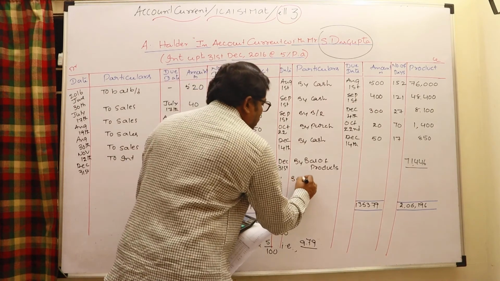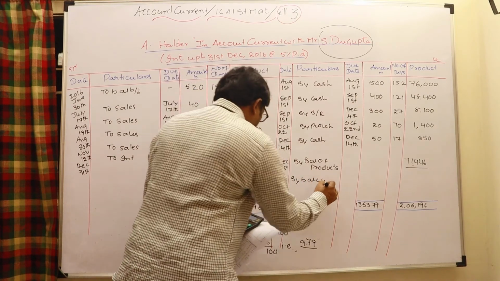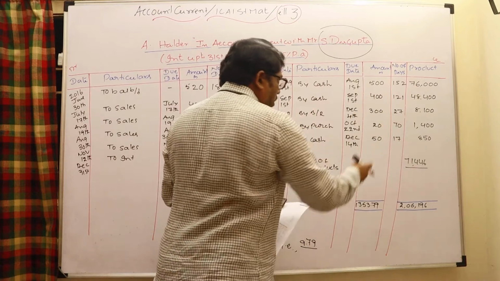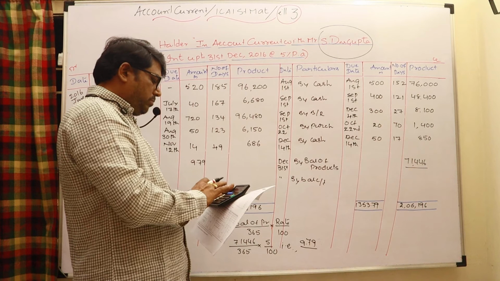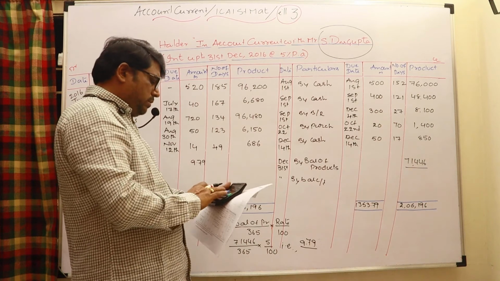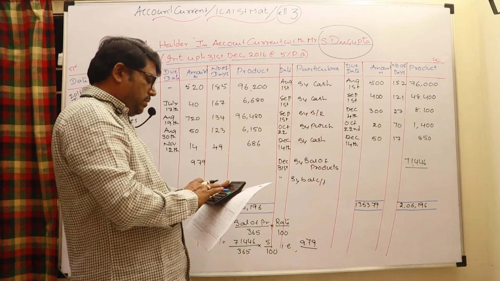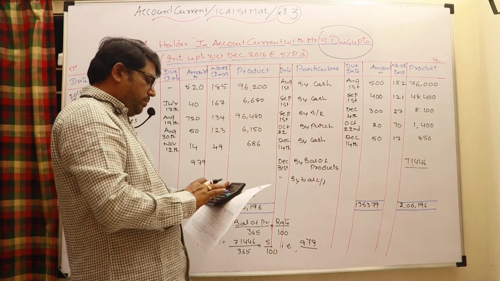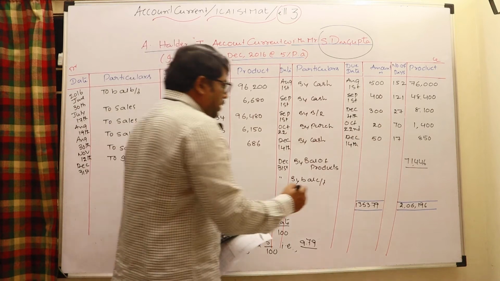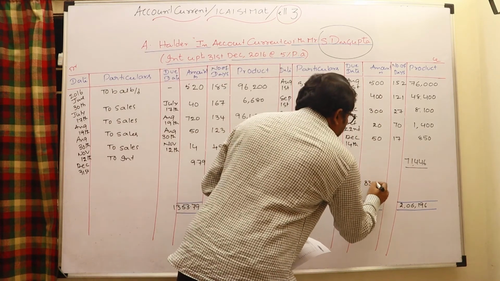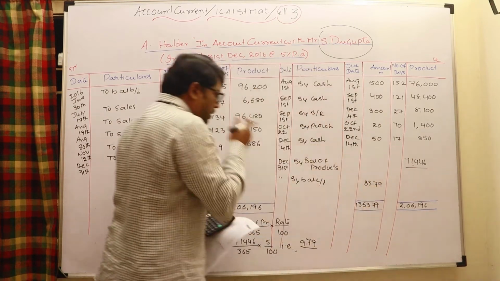By balance carried on. So credit amounts are to be deducted. Minus 500, minus 400, minus 300, minus 20, minus 50. Balance is 83.79. By balance carried on 83.79.